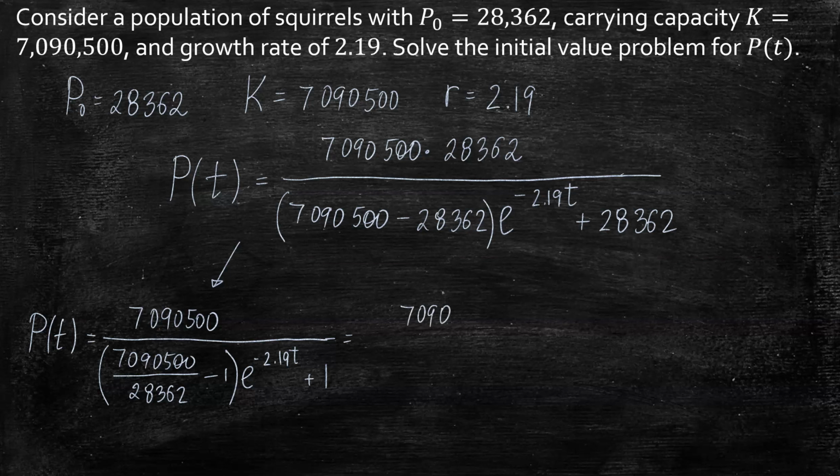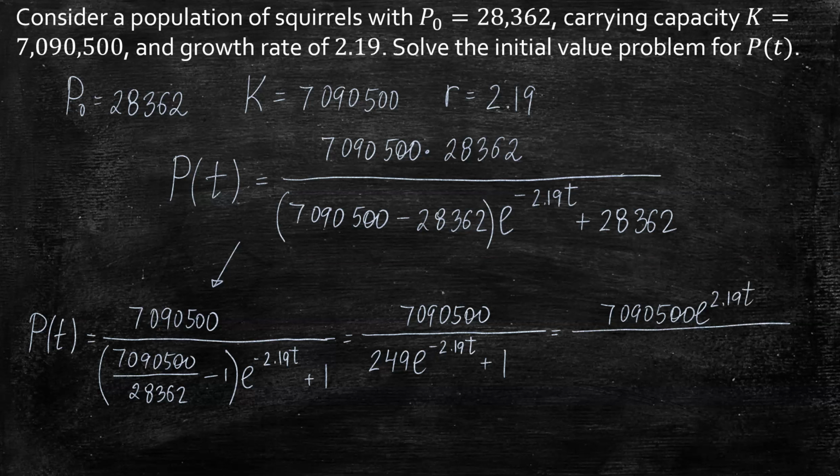So simplifying everything will give us this answer. However, we can also rewrite the same answer with e to the power 2.19t here and here. So these two are equivalent answers.